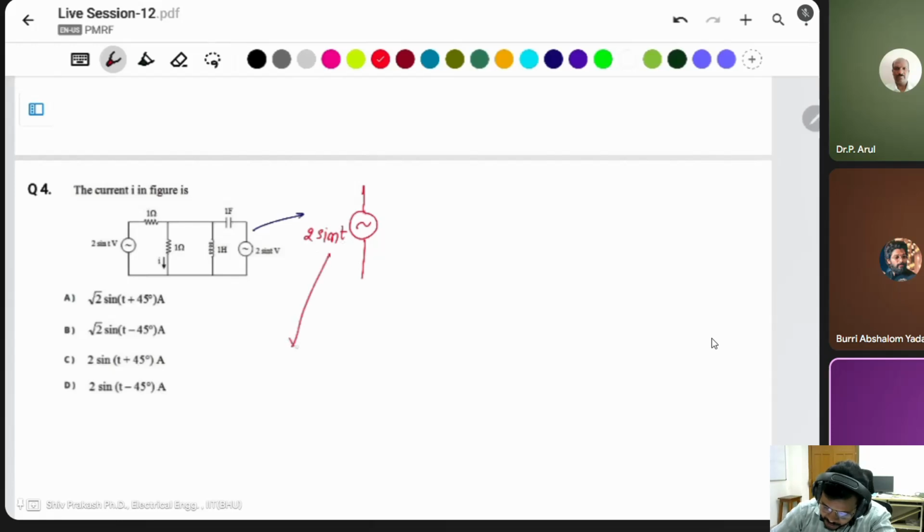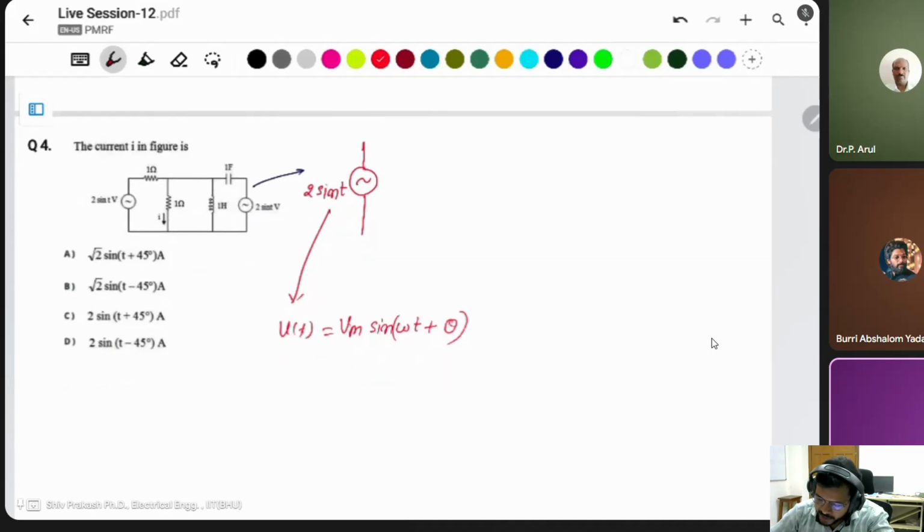Actually, if the voltage is written as V(t) = Vm sin(omega t + theta), this type of voltage source can be replaced by Vm at angle theta. You can write it just like that.